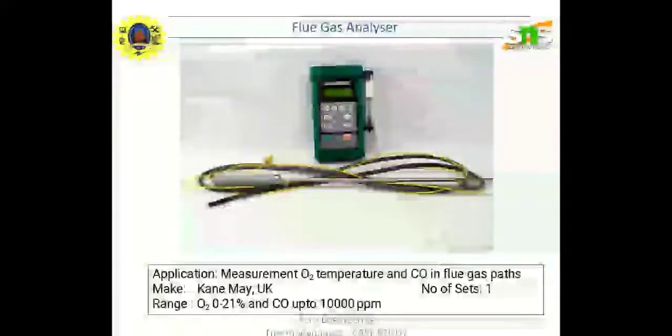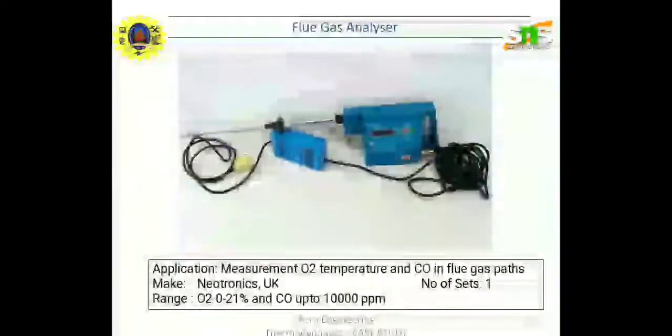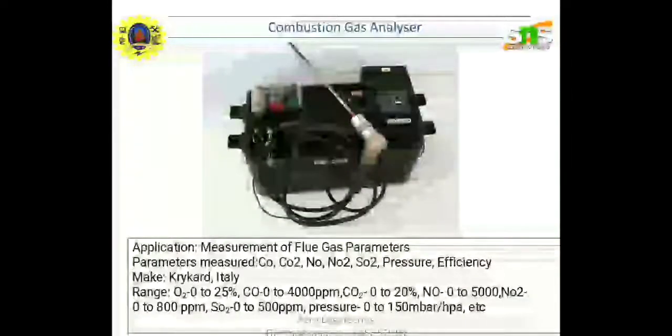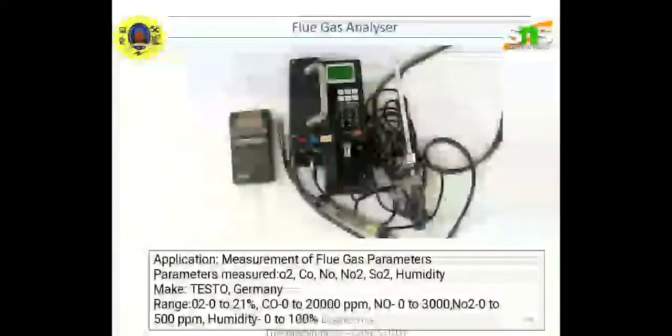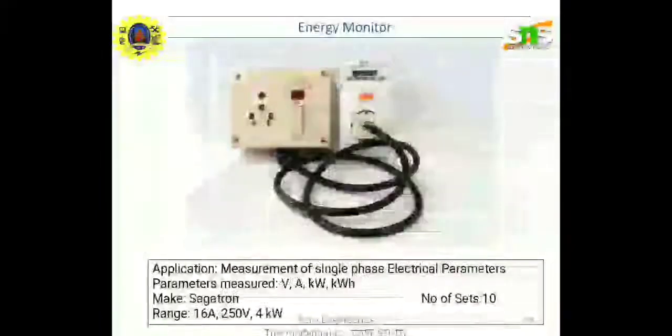The range is 0 to 21% and up to 10,000 ppm. Then there is a combustion gas analyzer for flue gas measurement. Its range is 0 to 25%. The flue gas analyzer is used for measurement of flue gas parameters, and the range is 0.2 to 21%.